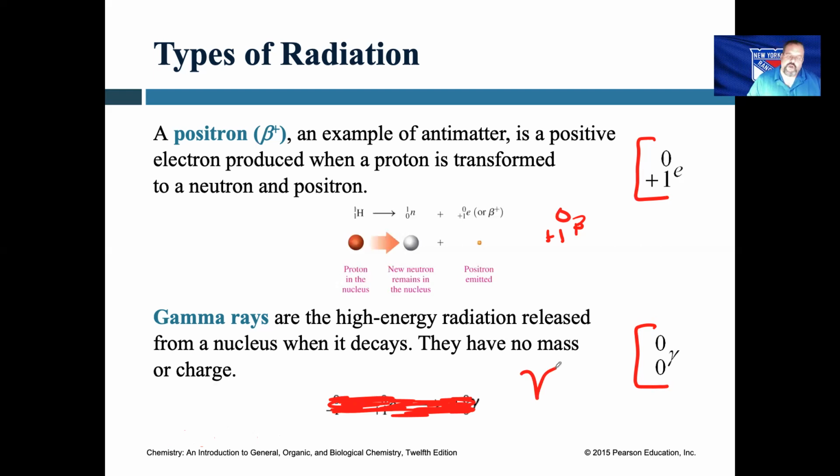No protons, no neutrons associated with it, because none of those protons and neutrons are a part of gamma rays when they're released. There's been a rearrangement of how the protons and the neutrons are laid out in the nucleus to make it more stable, but the actual number of protons and neutrons doesn't change.